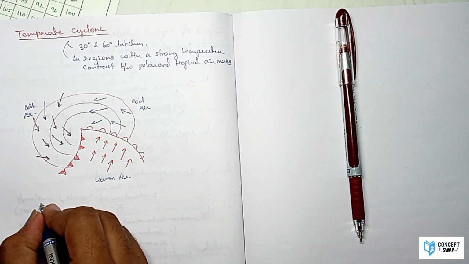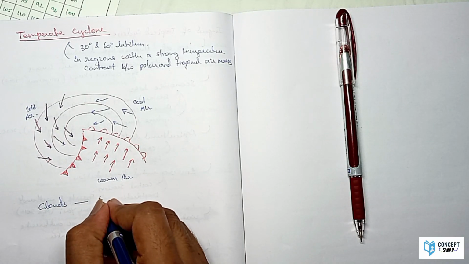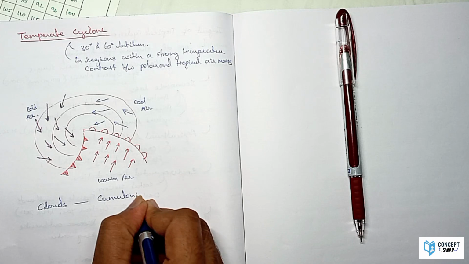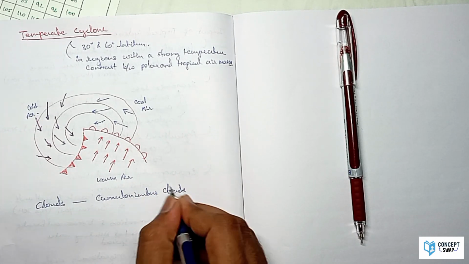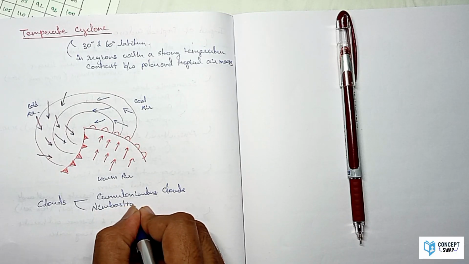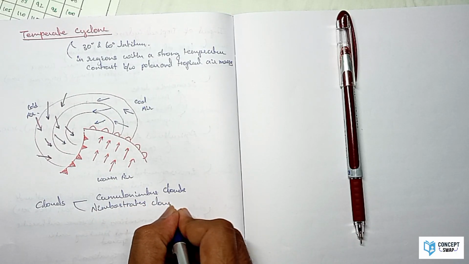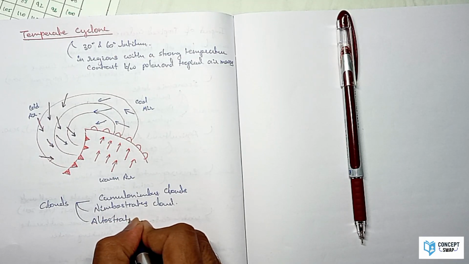What are the types of clouds? The clouds associated are cumulonimbus, nimbostratus, and altostratus.